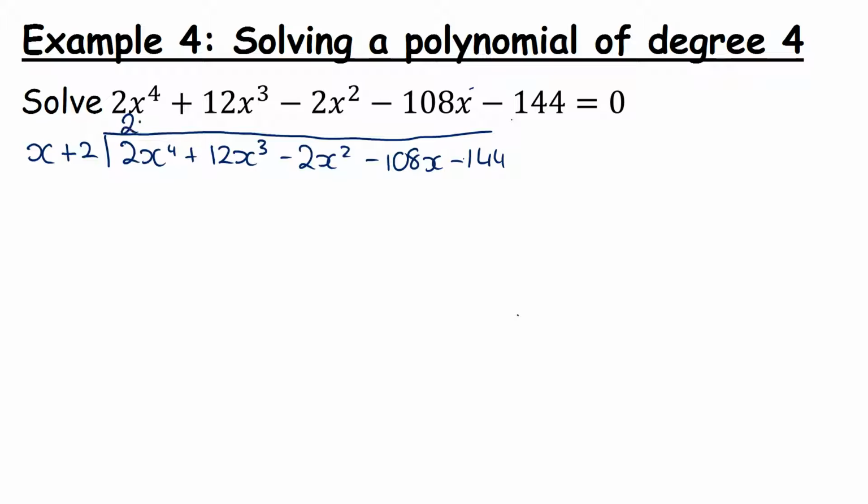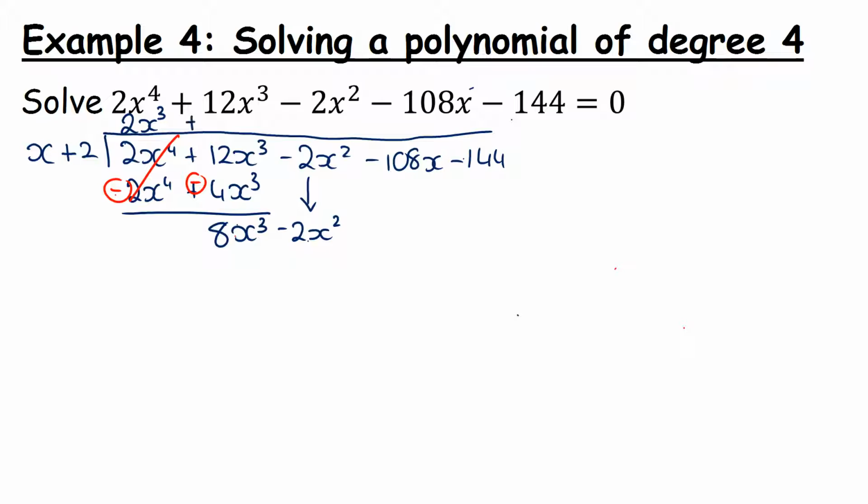So this goes in 2x cubed, giving 2x to the power of 4 plus 4x cubed here, and then we subtract, and we're left with 8x cubed. Bring down the minus 2x squared, so that gives me plus 8x squared. We get 8x cubed here plus 16x squared. So we subtract, and what we're left with here is minus 18x squared.